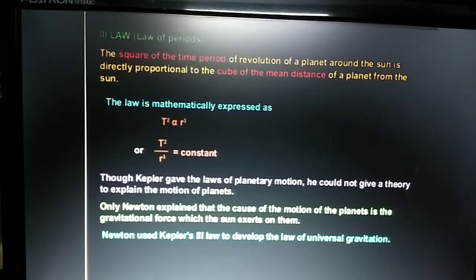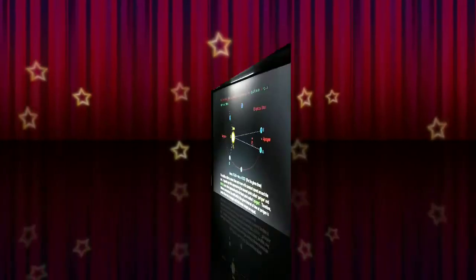In the second part of Newton's law of gravitation, F is directly proportional to 1/r², which is also known as inverse square law. He deduced this inverse square law from Kepler's third law of planetary motion, that is law of periods.